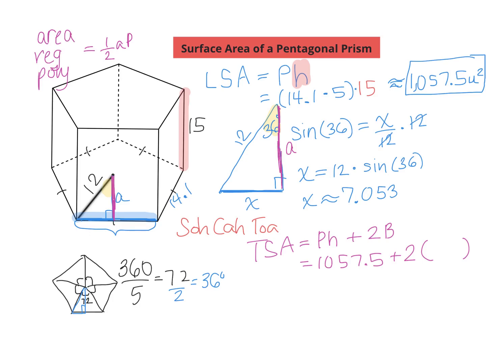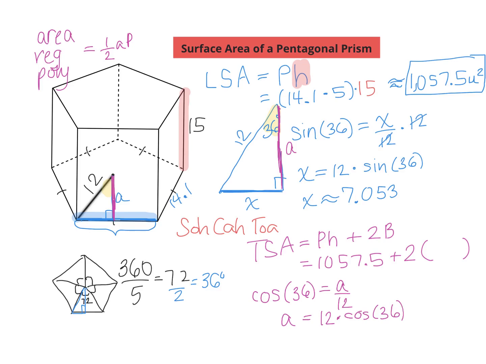So if I'm solving for this side, which is going to be my adjacent side in that right triangle, I would use the trig function cosine. So cosine of 36 degrees is equal to my apothem over the hypotenuse, 12. So to calculate my apothem, I'm going to multiply 12 times cosine of 36.